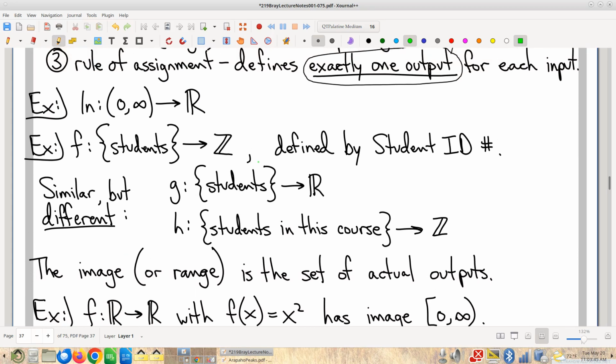Y'all remember the natural log function, and the natural log function is defined on this domain of positive real values, and the output values could be any real numbers. So there you go. So the most important thing about this example, I think, is the notation. It's a very common notation to describe a function. You have the function name, then a colon, and then domain, and then an arrow, and then target.